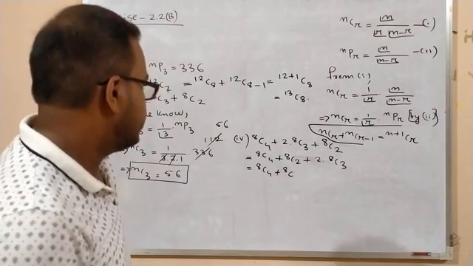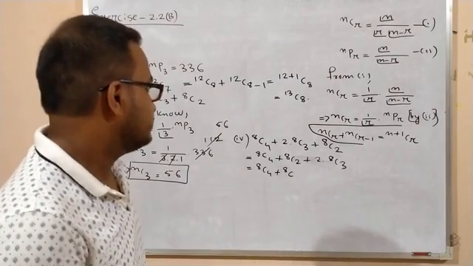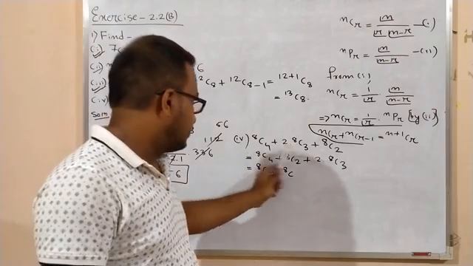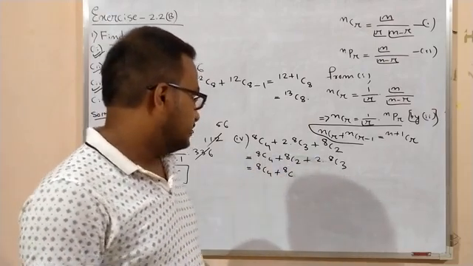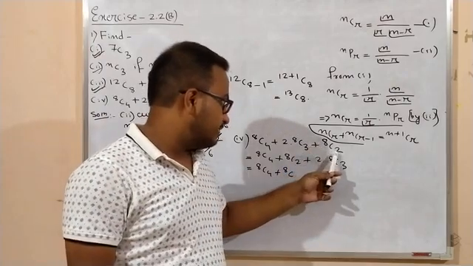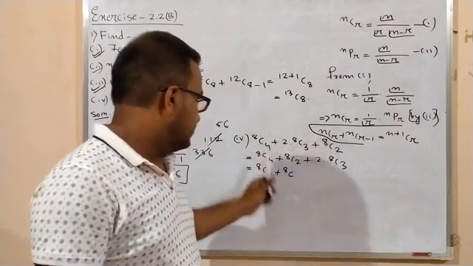It is 8C4 and 8C2, this is complementary combination. 8C(8 minus 2) will become 8C6.